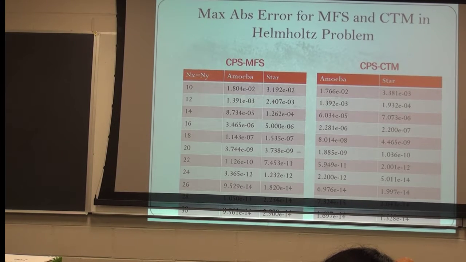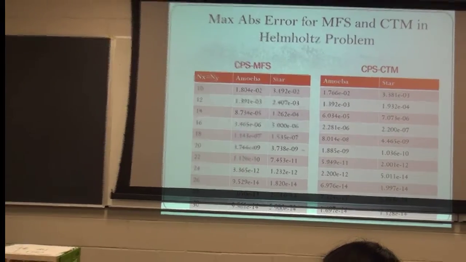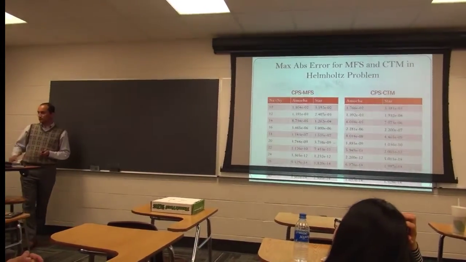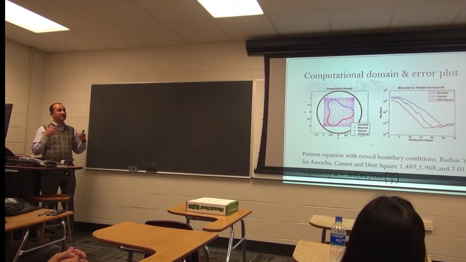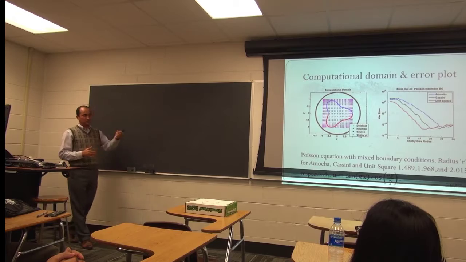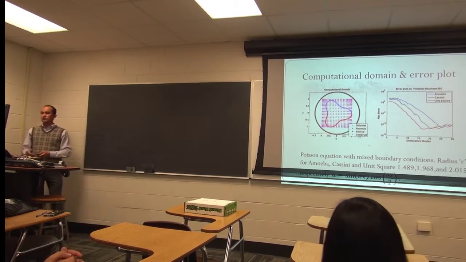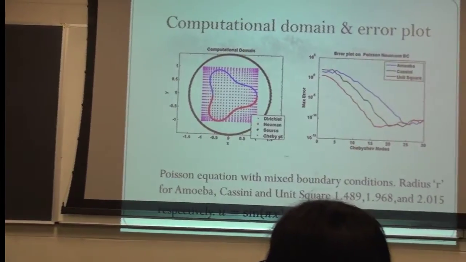But even in those two methods, when we compare, we get a very similar type of accuracy. That is also another part of this test, having numerical accuracy in a different domain. So this is another one, and of course we use different boundary conditions, because that is another part.